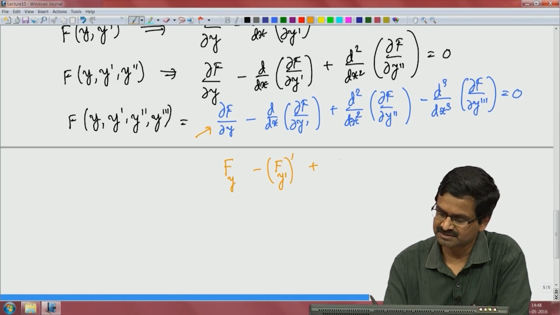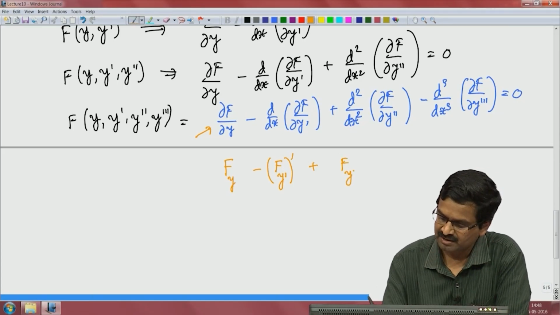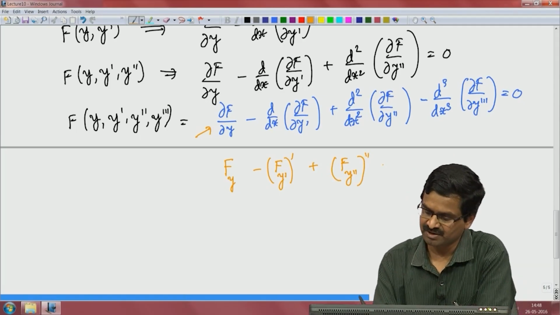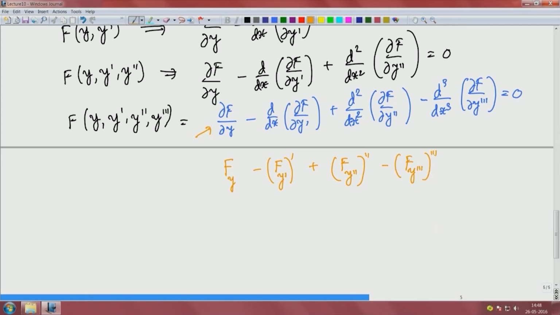Plus f sub y double prime, with a double prime of that, d²/dx², minus f sub y triple prime, with a triple prime of that. Each time, you take that many derivatives of it. It is a consequence of how many times you do the integration by parts.